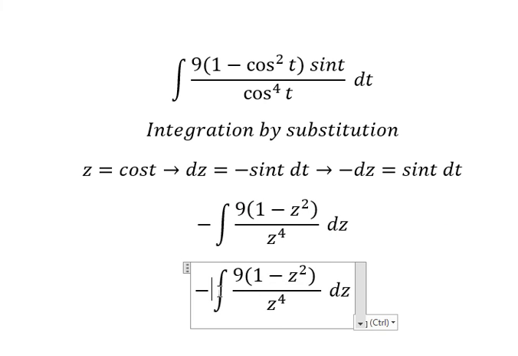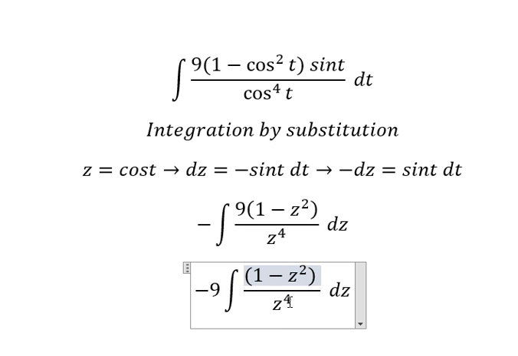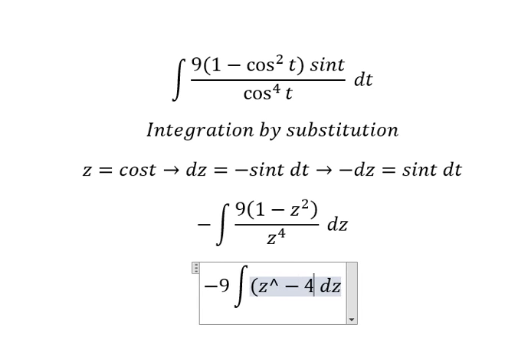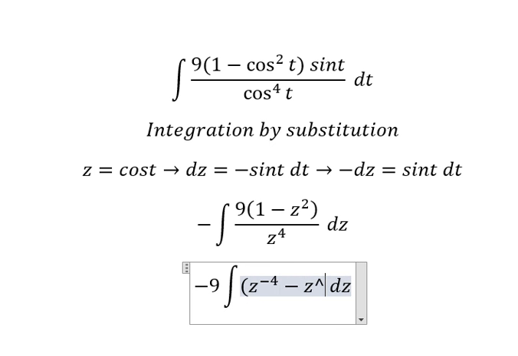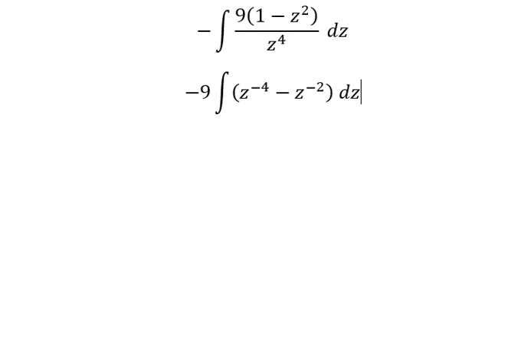Number 9, I will put in here. So 1 divided by z to the power of 4 and z squared divided by z to the power of 4. Next, we have the formula.